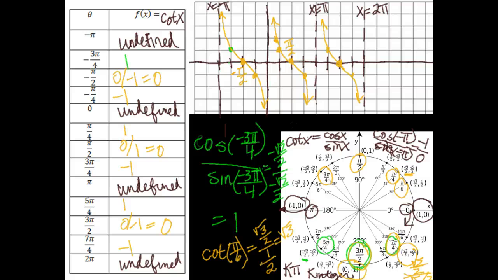A couple of things I want to point out about cotangent and tangent. When you graph tangent, it's going to look pretty similar to that, only all of those lines, these little S's, are going to be going in the opposite direction. And the other thing I want to show you is that, pay attention to the x-intercepts and also the vertical asymptotes.